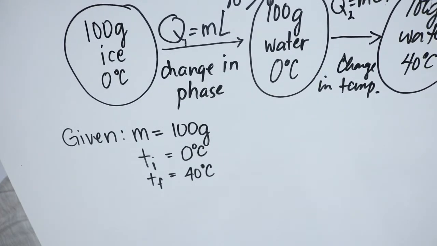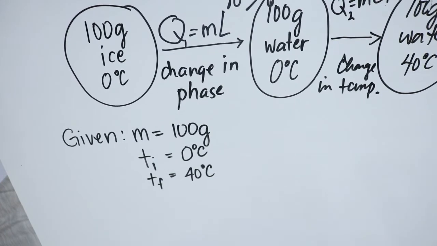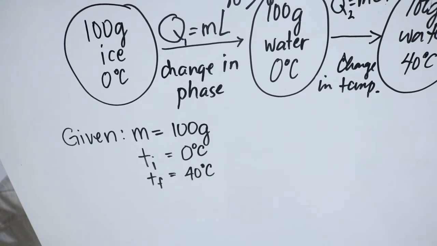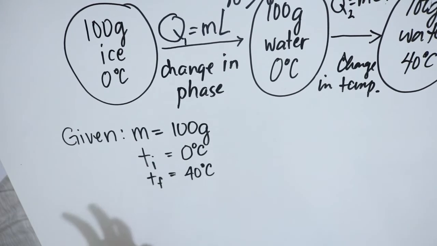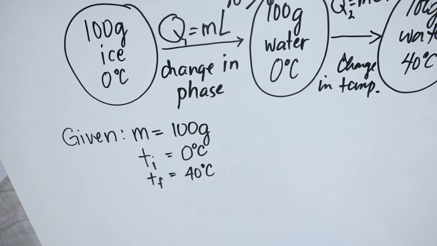Known value, shall we write the known values here? Yes, you can, but sometimes the problem will not give directly the known or the constant values, like for example, the value of L, the value of C. But since we already discussed that, I assume that you already know the value of L and the value of C for water.